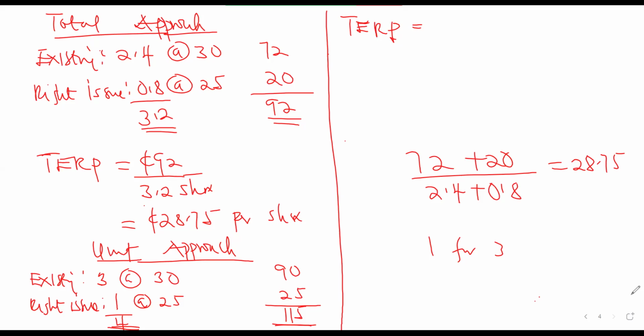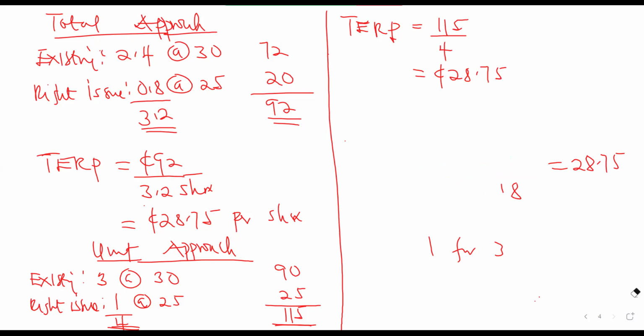That will now give us 115 divided by 4, which should give us 28.75. So whichever of them you use, that is fine. If you are looking for it at the unit level, that is it. If you are looking for it at the total level, that is the first one.